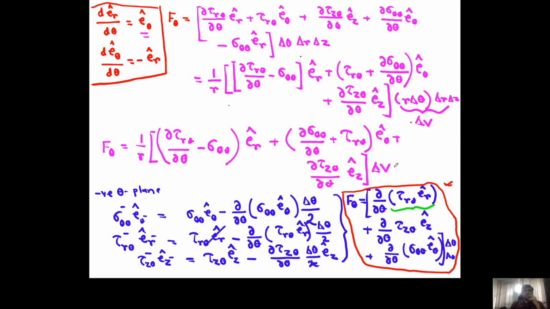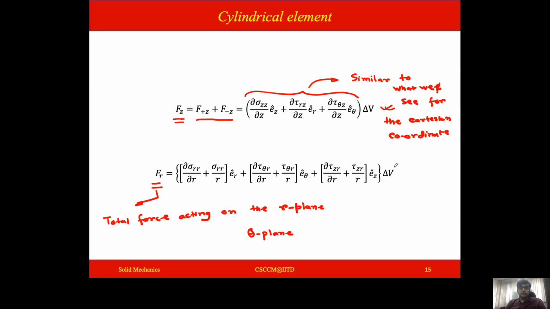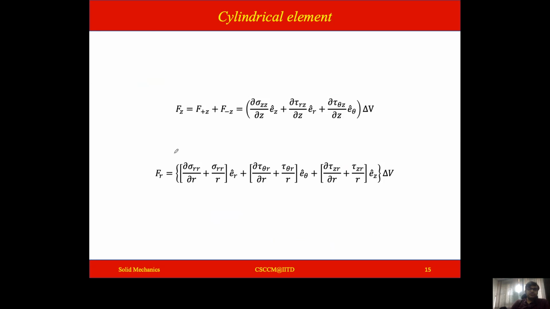So okay. What we do now is we go here, and we have our fz and fr. Let me write down f theta now. F theta is 1 by r will go outside, and then what do you have?